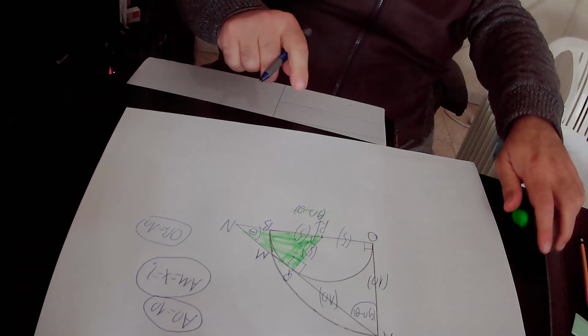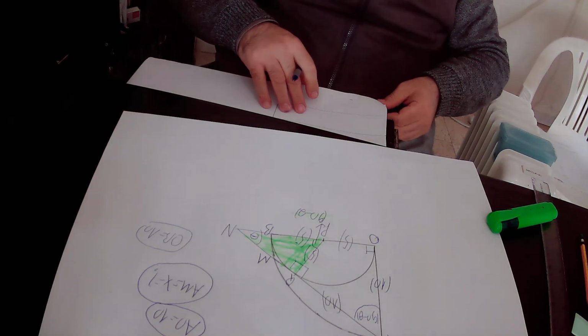So why are those two triangles similar to each other?